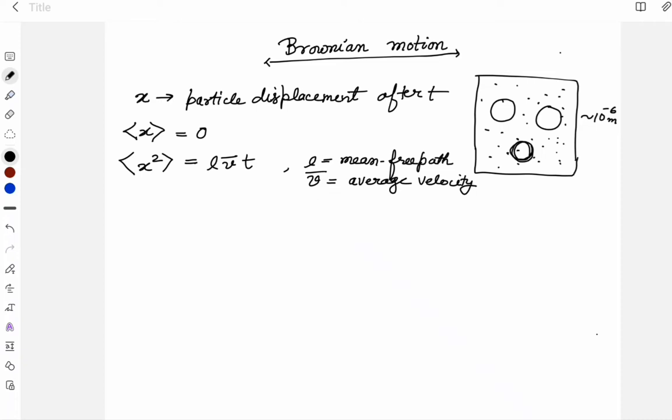So let's say we put some dye molecules at t equals 0. Initially the distribution was the delta function. We have already seen that the density will follow this kind of equation, del square n times D, where D is the diffusion coefficient.